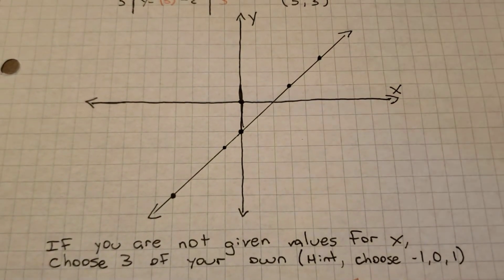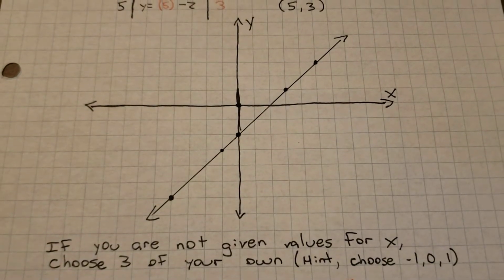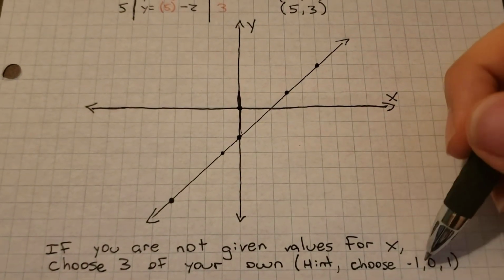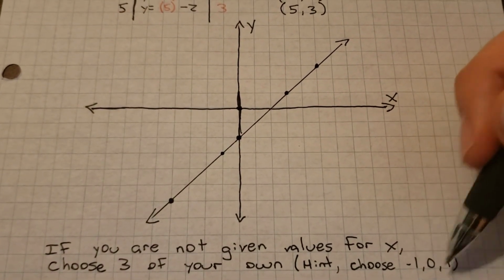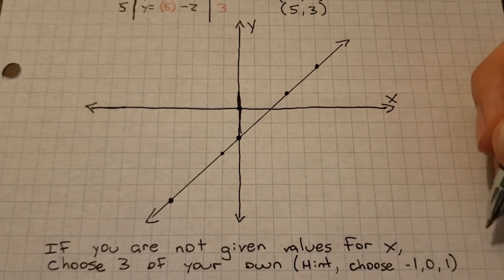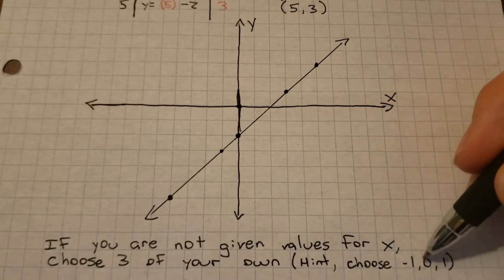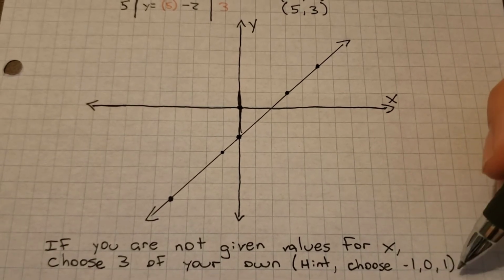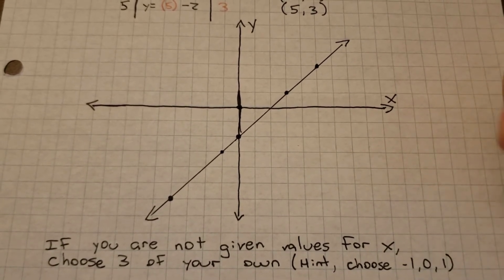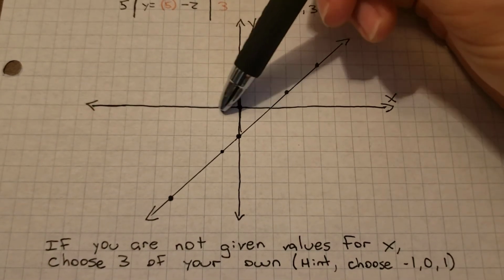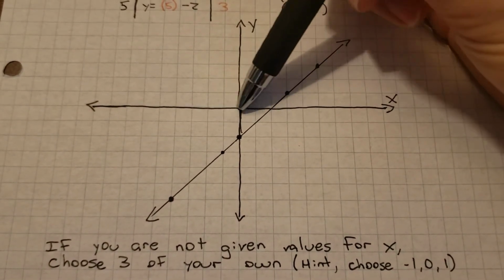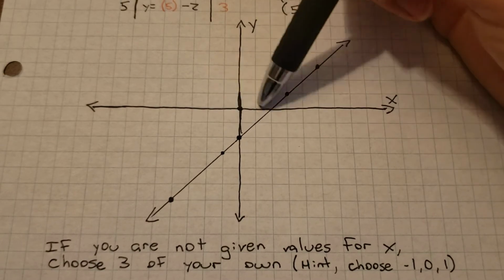choose 3 of your own, and I recommend choosing these 3. There's a few reasons why I choose these 3. One, usually it's pretty easy to add or multiply by 0, 1, or -1. The other reason is you don't need to draw a very big graph for that, because it's all going to be right about here.